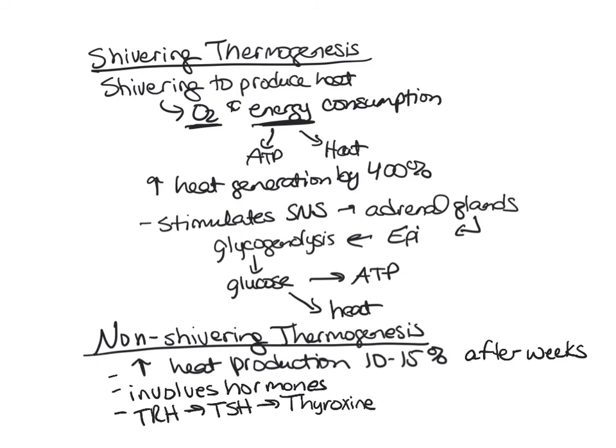And when thyroxine is released from the thyroid gland, that will increase the catabolism in all the cells in your body and the catabolism of nutrients like glucose. So then you're generating ATP. And if you're generating ATP, that means you're also generating heat.